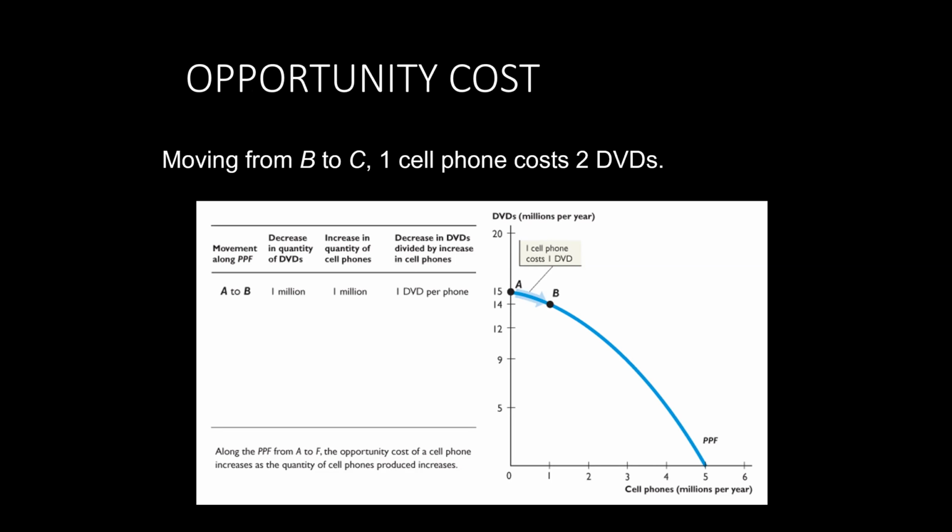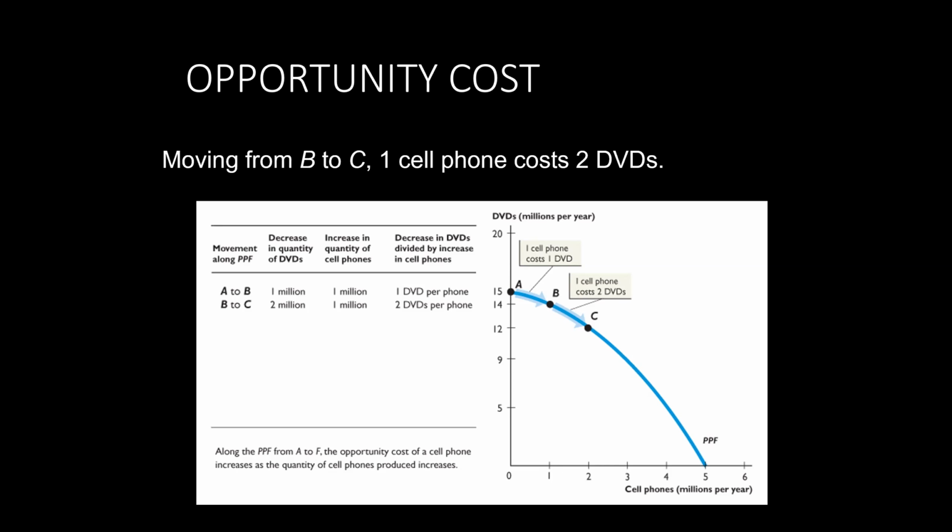And if we continue moving along the production possibility frontier from point B to point C, we get 1 million additional cell phones produced, whereas we have to forego 2 million DVDs, and the production of DVDs dropped from 14 million to 12 million. In this case, the opportunity cost of one cell phone is equal to 2 DVDs.